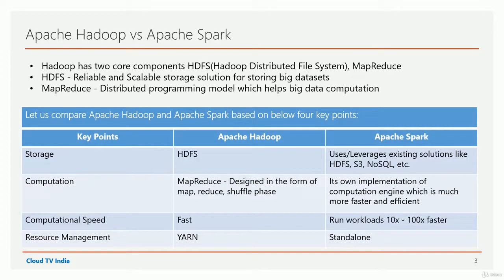For people who are very new to Hadoop, just think of Hadoop as distributed computing with two main components: HDFS, the Hadoop Distributed File System, and MapReduce, a distributed programming model which helps with big data computation.